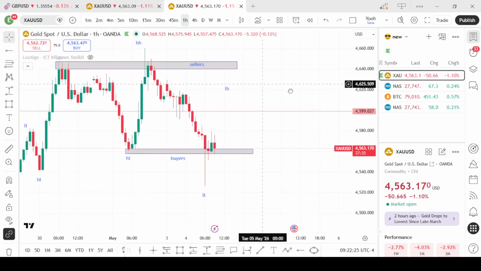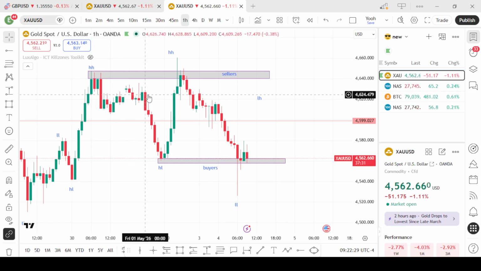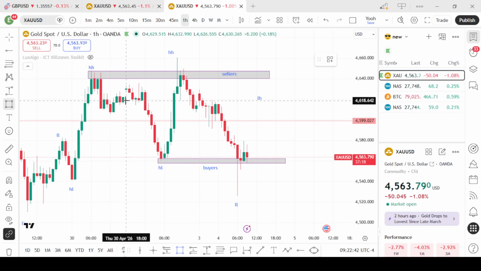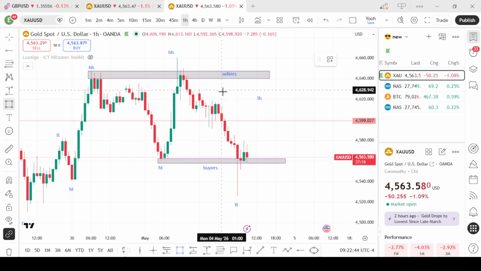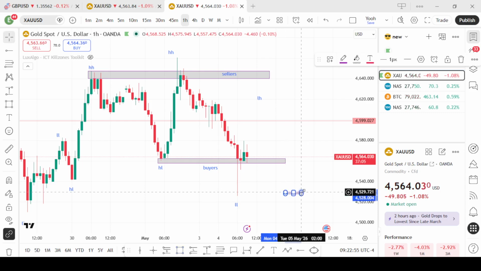You can also see this part. Here there are also other sellers here. We can mark this, although it's, let me just say, this is a sort of consolidation, but this is also another high. We could look to come up until here, but we can't be sure, so I don't want to.